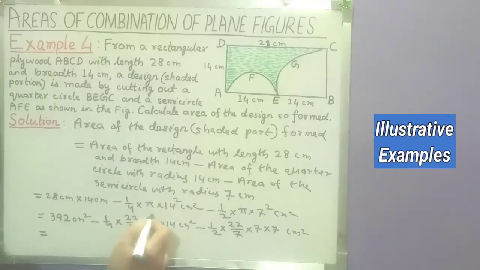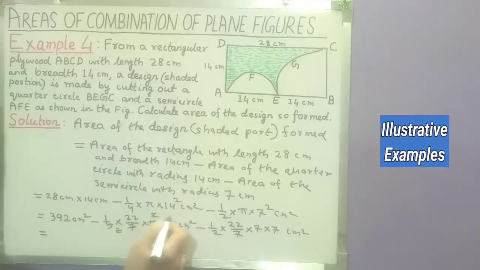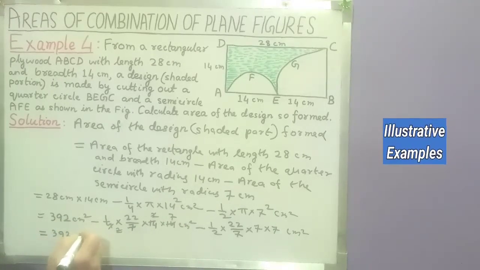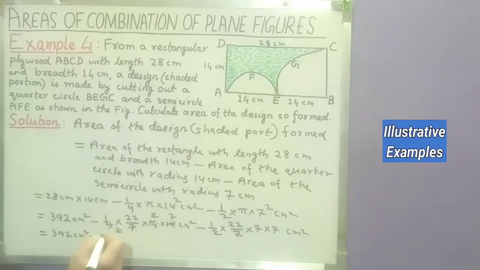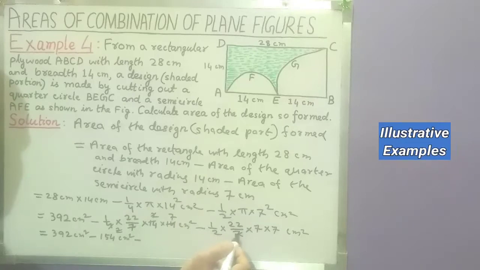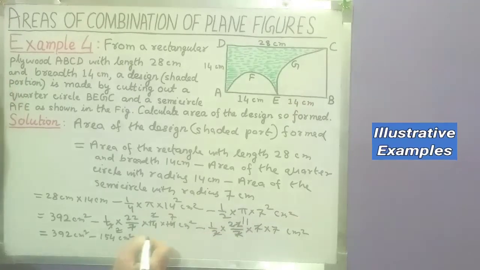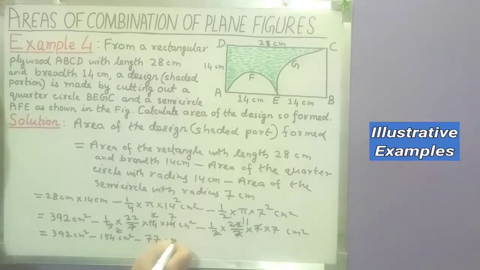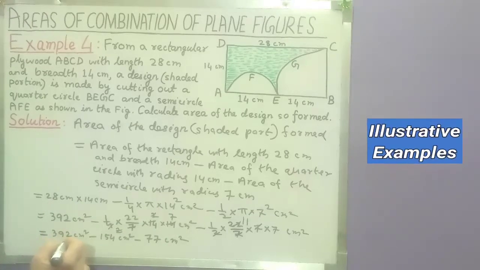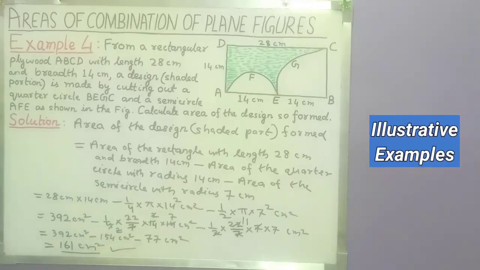Simplifying further, we get 392 centimeter square minus 154 centimeter square minus 77 centimeter square, that equal to 161 centimeter square. That's your answer.